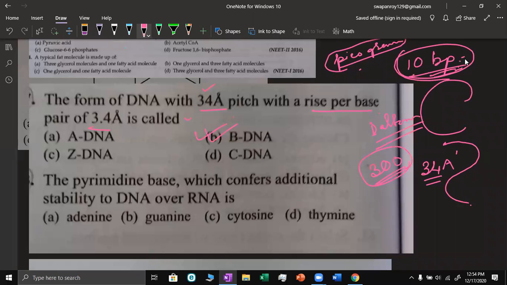So 10 base pairs in one pitch, and naturally the distance between two base pairs is 3.4, and this is B-DNA. There are different types of DNA. The common one is the right-handed coiling.